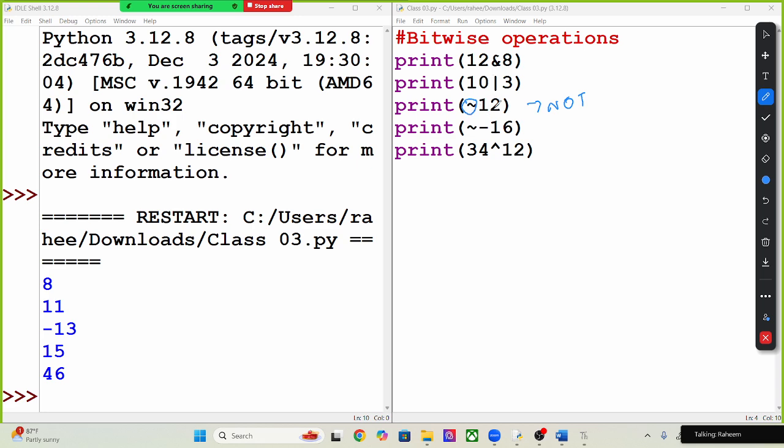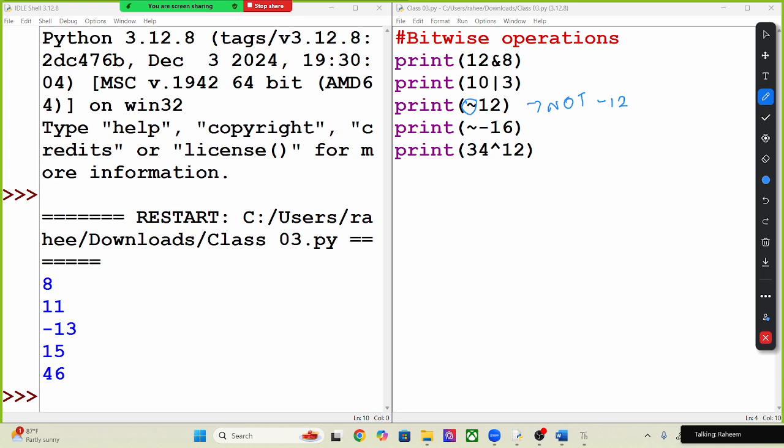This is 12, so what is the opposite of 12? Normally it's minus 12, right? But in Python it will increase this value by 1. The opposite of 12 is minus 12, but in the output we get minus 13.